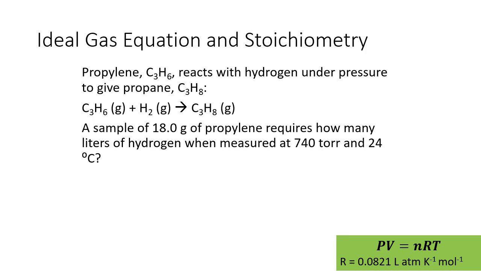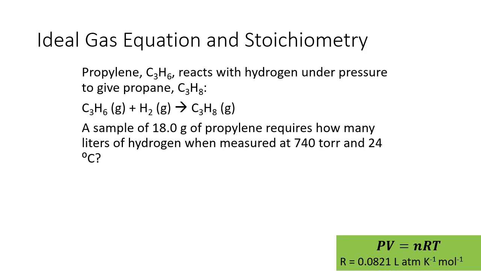Propylene, or C3H6, reacts with hydrogen under pressure to give propane, C3H8. So we have a balanced chemical equation here, and then it says a sample of 18 grams of propylene requires how many liters of hydrogen when measured at 740 torr and at 24 degrees Celsius.